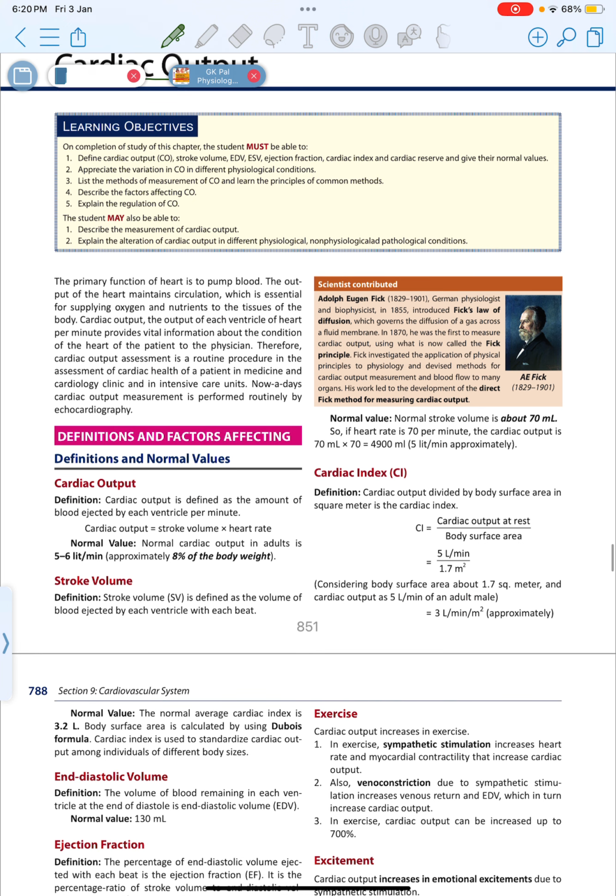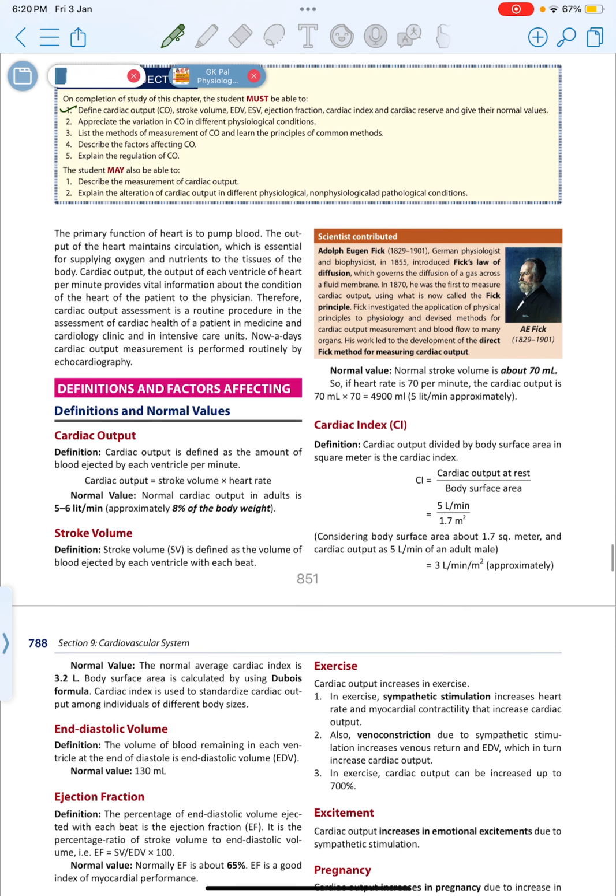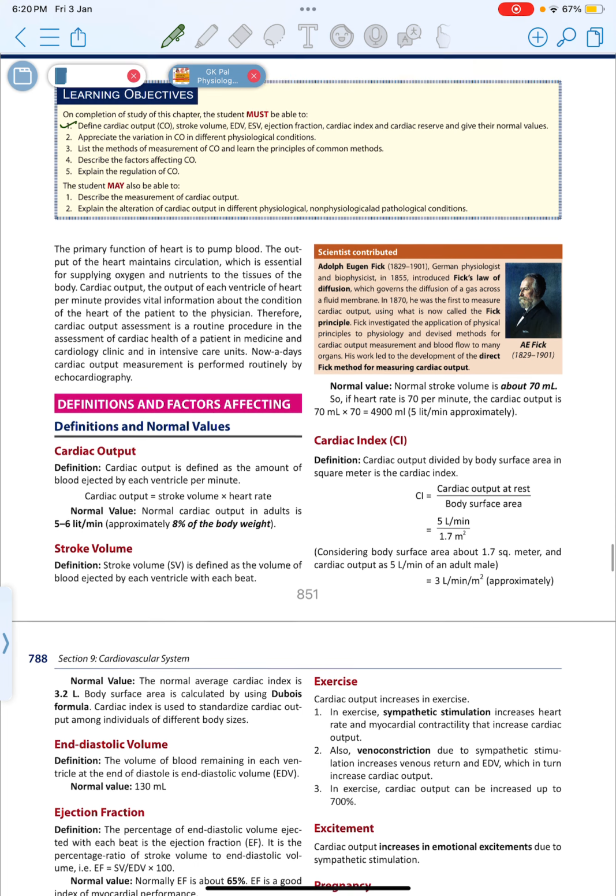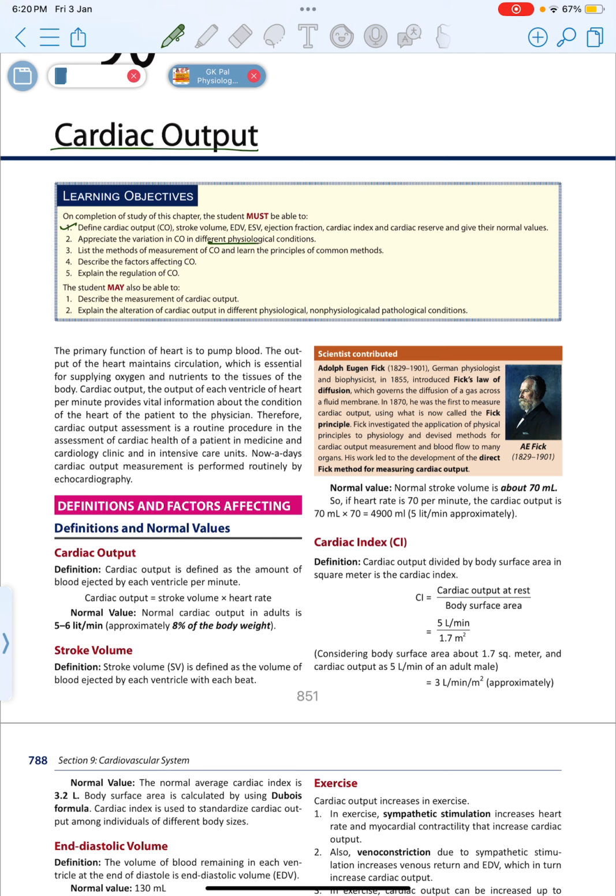On completion of study of this chapter, the student must be able to define the cardiac output, appreciate the variation in cardiac output in different physiological conditions, list the methods of measurement of cardiac output and learn the principle of common methods, describe the factors affecting cardiac output, explain the regulation of cardiac output.